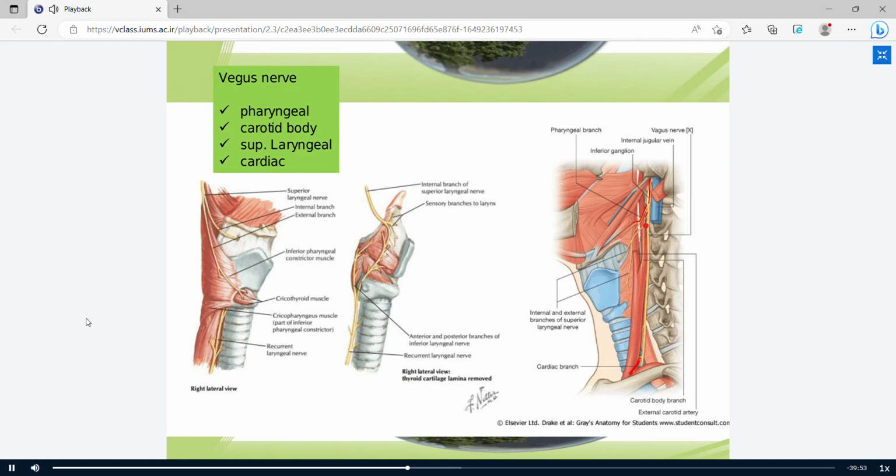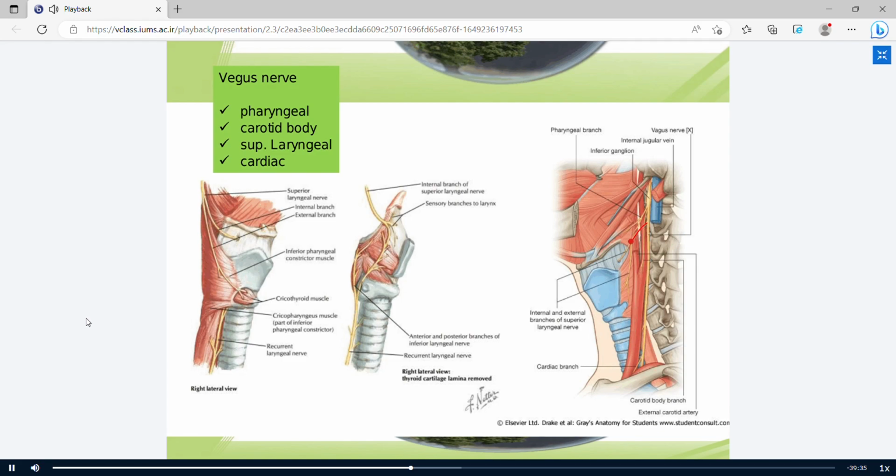It has a carotid branch, which goes to the carotid, and it has a superior laryngeal nerve. This is the superior laryngeal nerve.